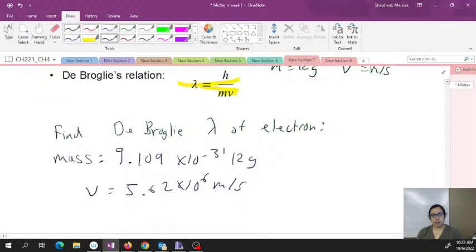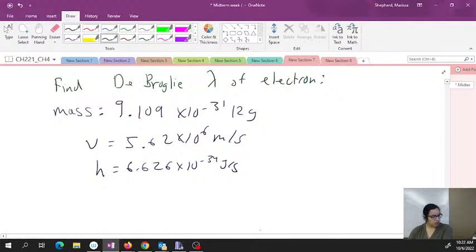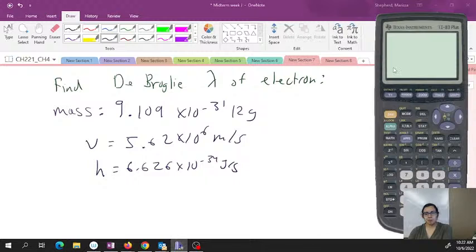We're given everything we need. Planck's constant is, of course, a constant: 6.626 times 10 to the negative 34 joules second. Everything's in our appropriate units: kilograms, meters per second, joules second. Now we just have to plug everything in.